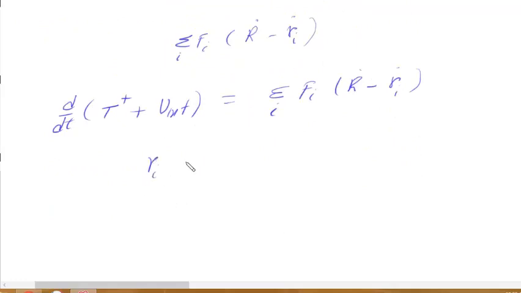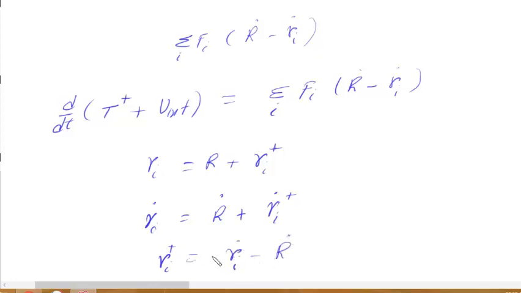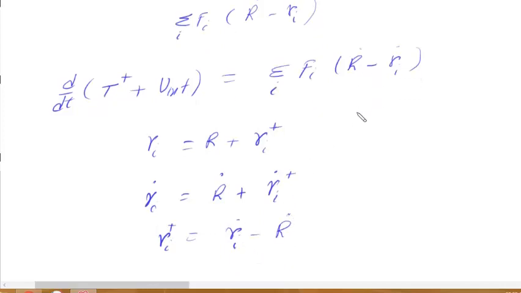And we know Ri is equal to R plus r'i. Then we take the derivative and rearrange these equations. Then ṙ'i is equal to Ṙi minus Ṙ, and we put this value in here.